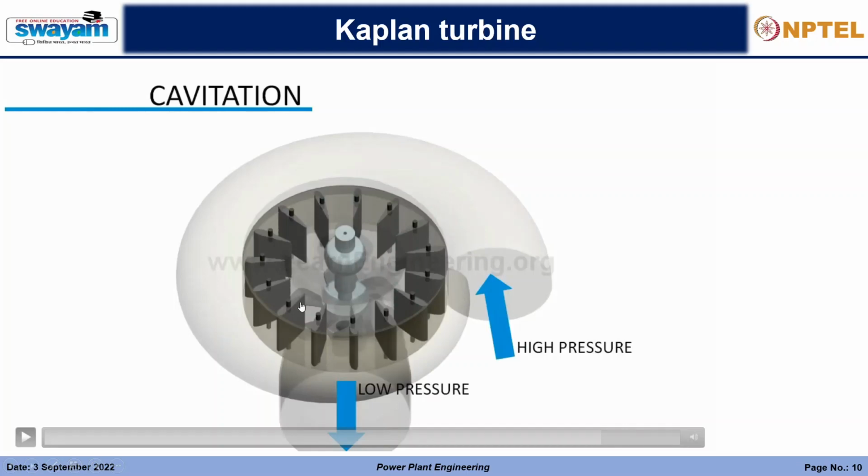So to reduce that, these guide vanes have a very significant contribution. These angles are governed by a governing mechanism, there is a link, and by this particular link that you can see here, the suitable angle is managed.